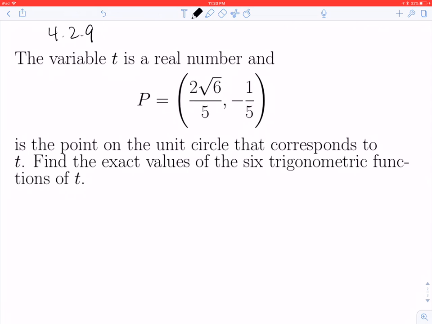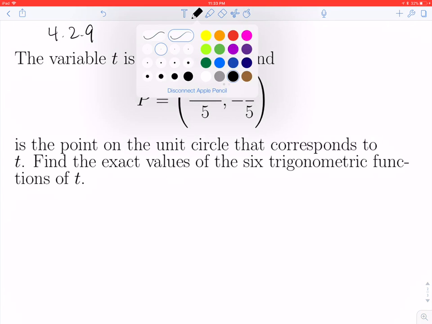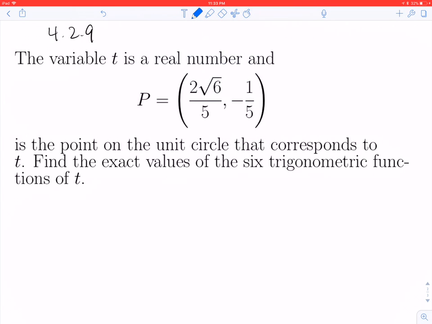Now, if this point P is a point on the unit circle, then we know off the bat that this is going to be our cosine of theta, and this is going to be our sine of theta. Notice that we went a positive direction and then negative, so that means we're in quadrant 4. If we're on the unit circle, we also know that it has a radius of 1.